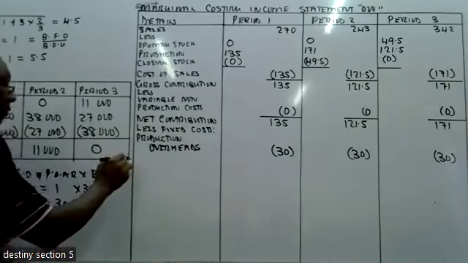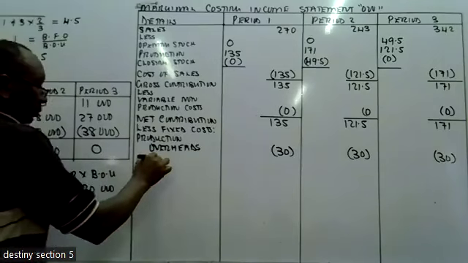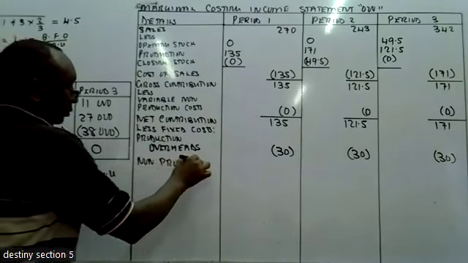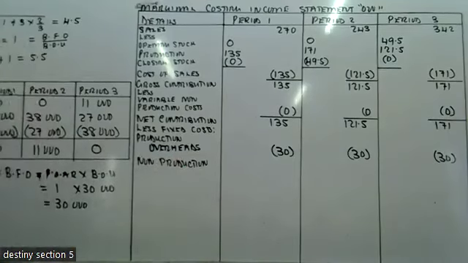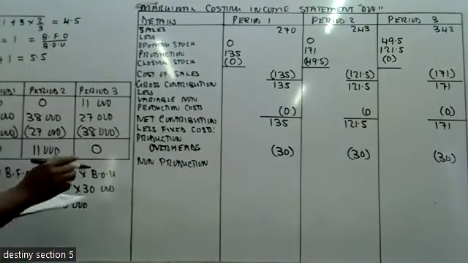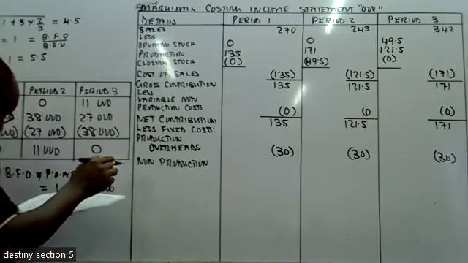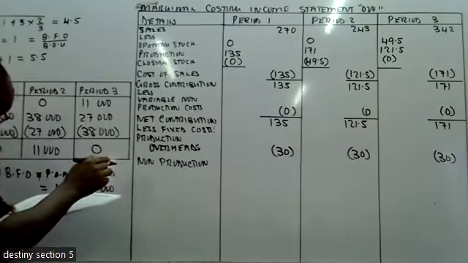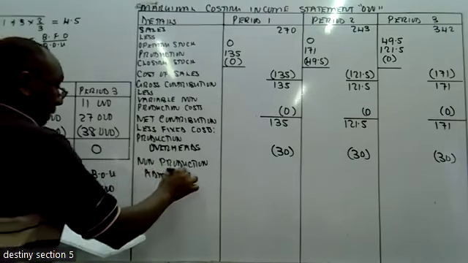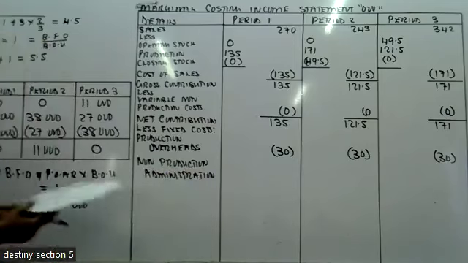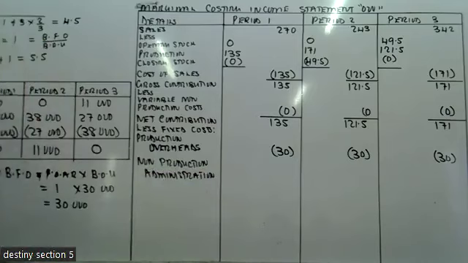Then non-production. Non-production, in this question, we have the admin, which we are told is fixed at 25 per period.